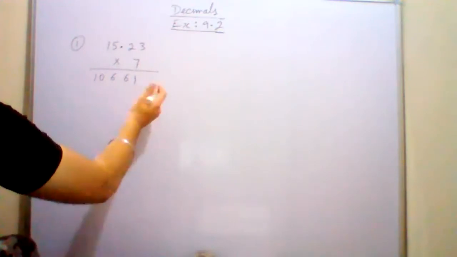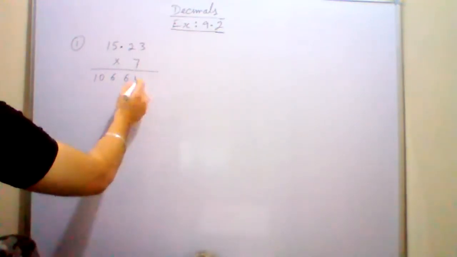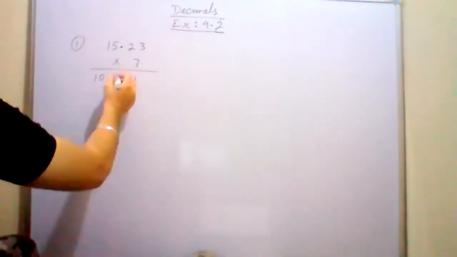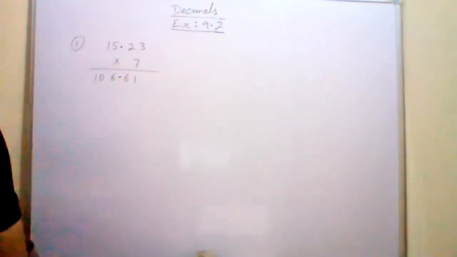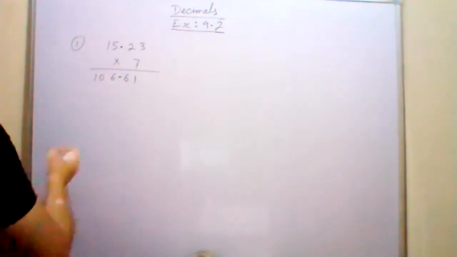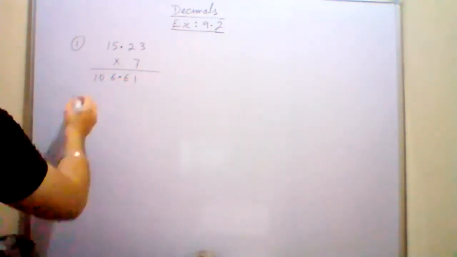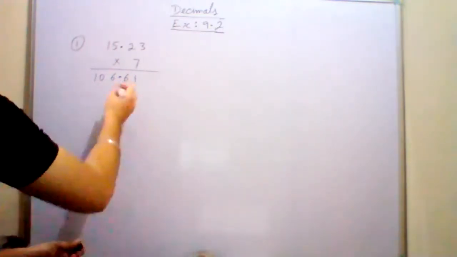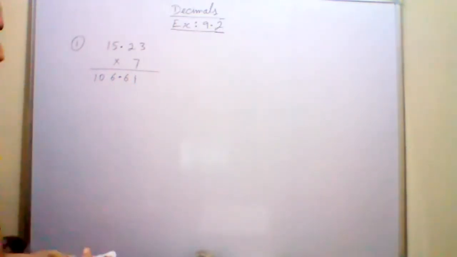From the right-hand side, leave 2 digits, 1, 2, and insert a decimal here. So what is the answer? 106.61. This is the answer. Is it simple?